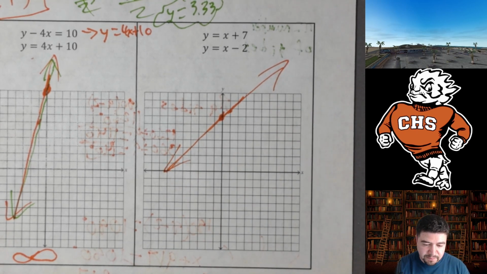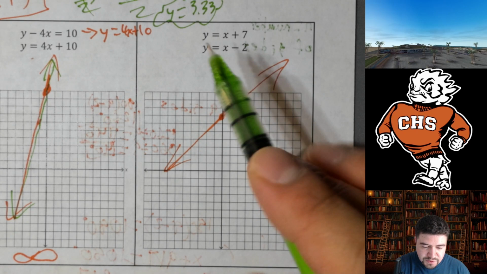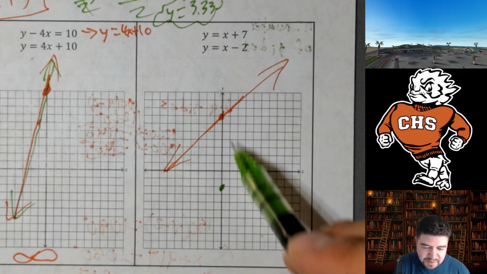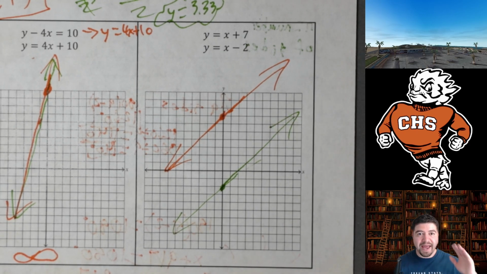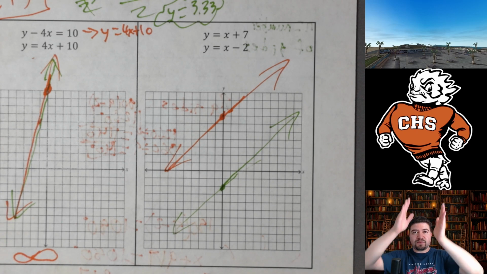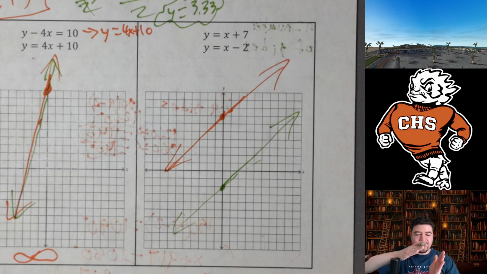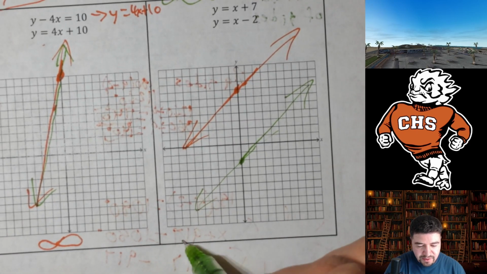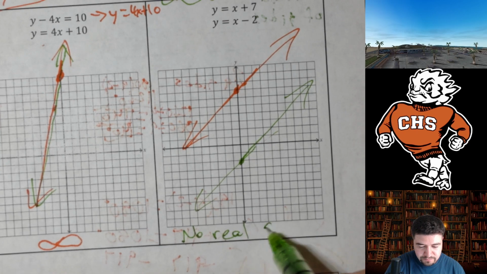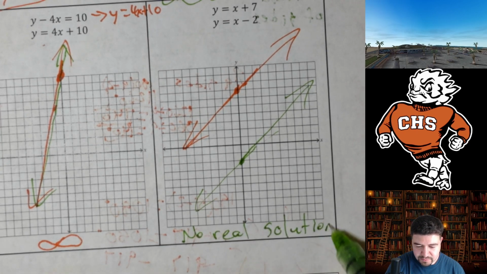The second one, negative 2 is our y-intercept. The slope is also 1, so it'll look like that. Oh snap, these lines are parallel. They will forever go in the same exact direction, but since they're so far apart from each other, they will never intersect. Therefore, there are no real solutions.